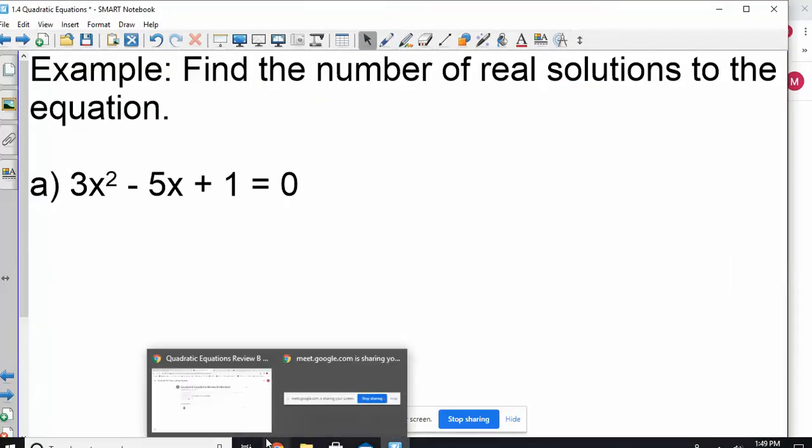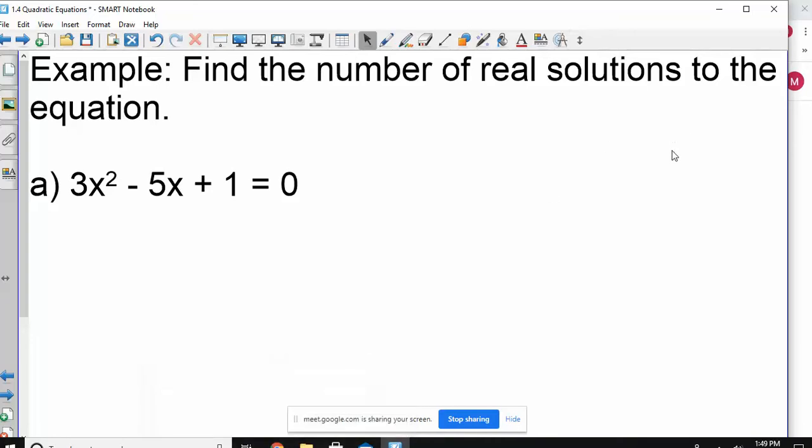So if I just said, find the number of real solutions to this. So I didn't ask you to actually solve it. On the test, I might even say use the discriminant to determine, just to be very clear about what I'm asking.